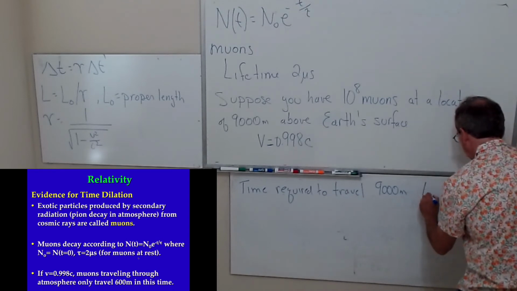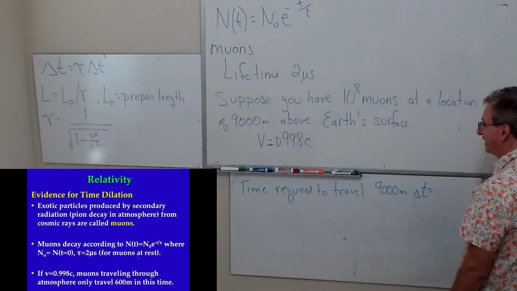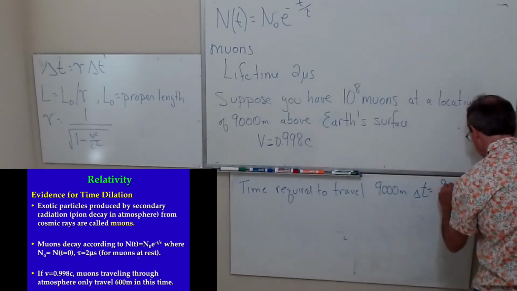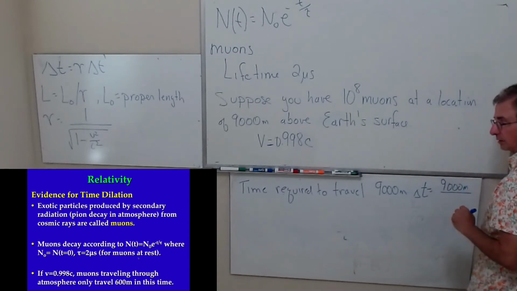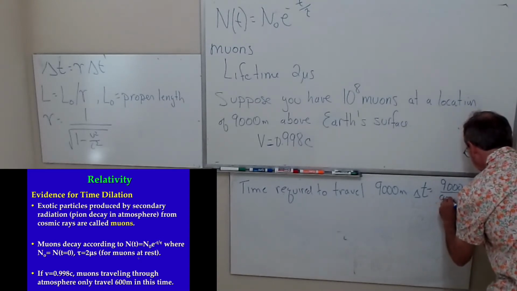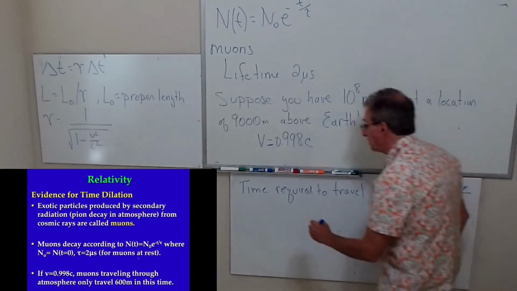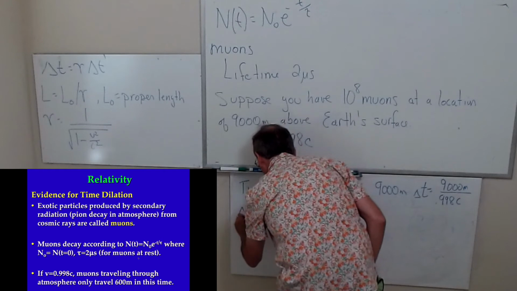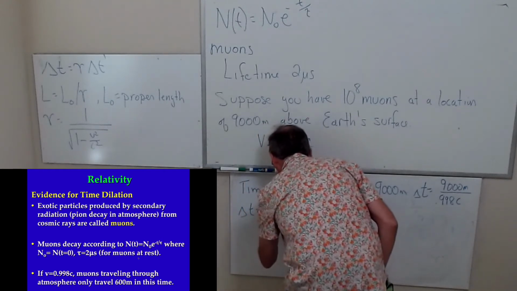I'll call it a time interval. Delta t is equal to 9,000 meters over 0.998 times the speed of light. That time interval that we would get is 30 microseconds.